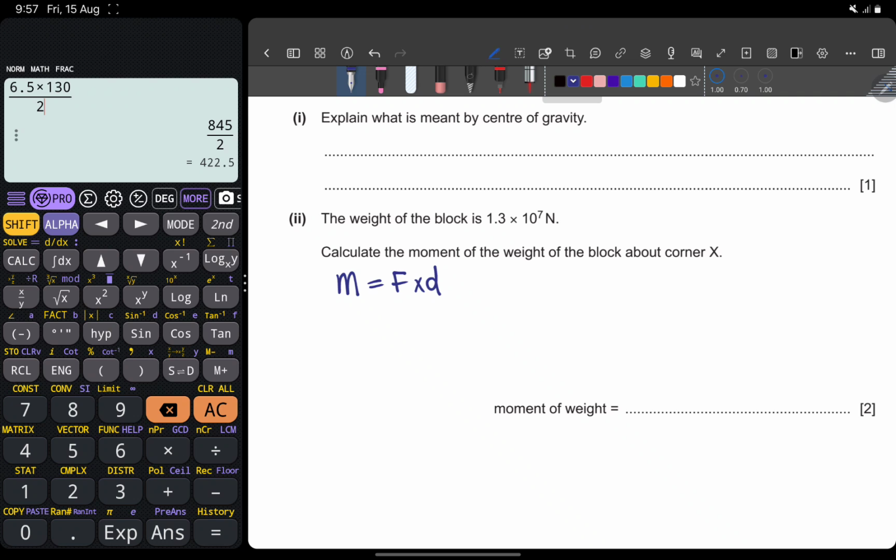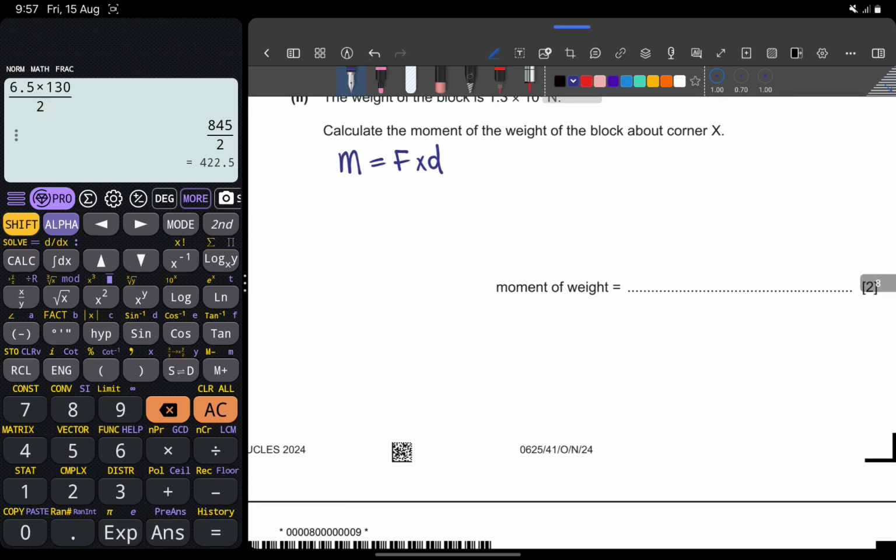In other words, the direction you use for distance should be perpendicular to the direction the force is facing. I'll show you an example. Let's say you have a pivot like this. Now, let's say my force is facing down like this, and I want to find its moment.